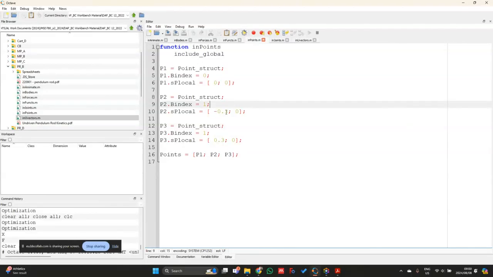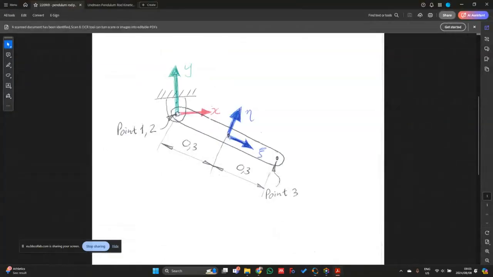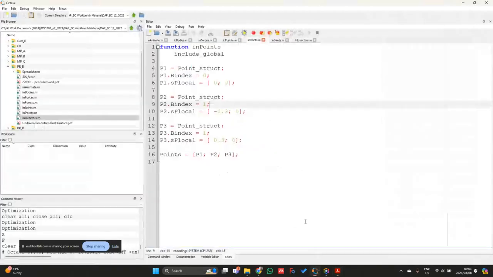And that is then equal to minus 0.30. Reason for that being, if I go back to the schematic, here I have my local coordinate axis. So in other words, point 2, which is located on this body, is in the negative xi direction. So it's minus 0.3, and it's in line with this longitudinal axis that I have over here. So it's 0 eta.